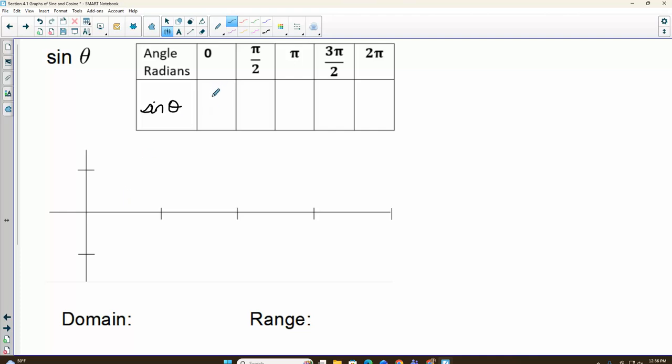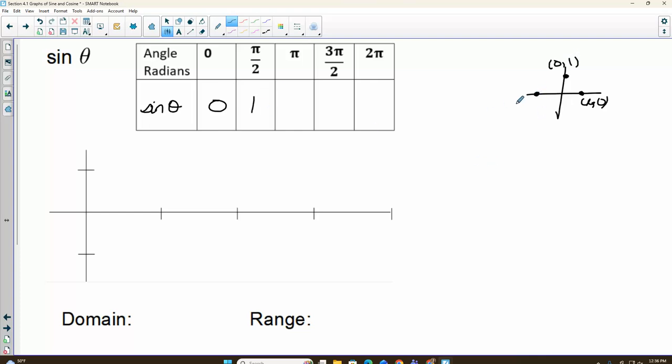So 0, think about your hand trick. What is the sine of 0? 0. Okay, or if you think about your unit circle, sine is the y, so it's 0. At pi over 2 or 90, what's sine? 1.